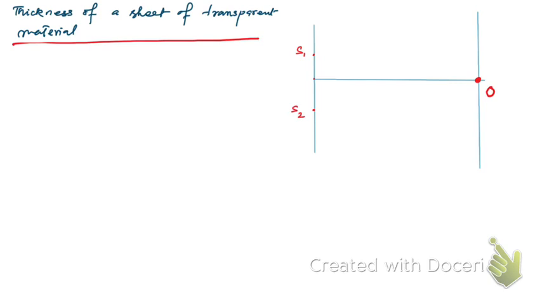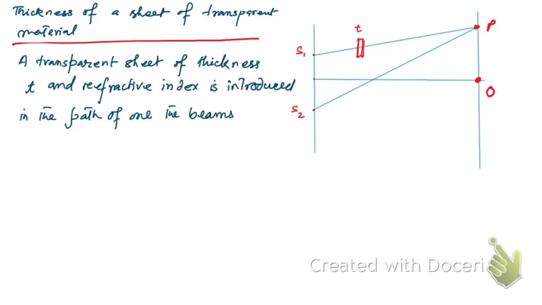Let it be suppose this position P. Okay, it's shifted to P when a thin sheet of transparent medium is placed in the path of a beam. Its thickness is suppose small t. Now you see, suppose a transparent sheet of thickness t and refractive index mu is introduced in the path of one of the beams.